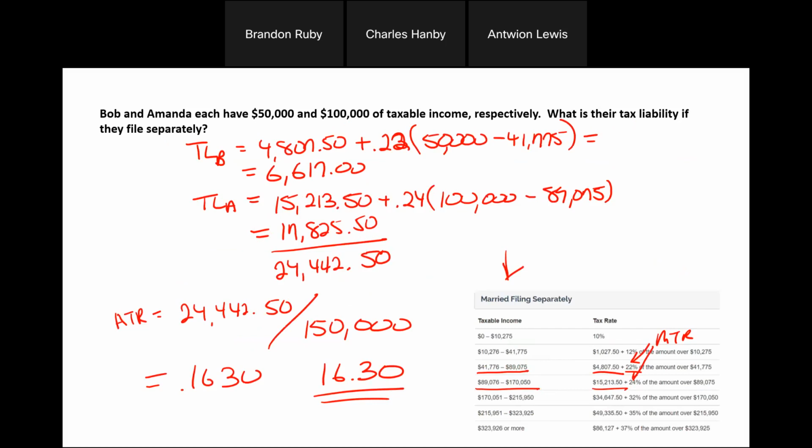I intentionally don't make this class difficult, because I feel that this class is for your benefit. More than any other class, you're going to get out of it what you put into it. This class is for your personal benefit.